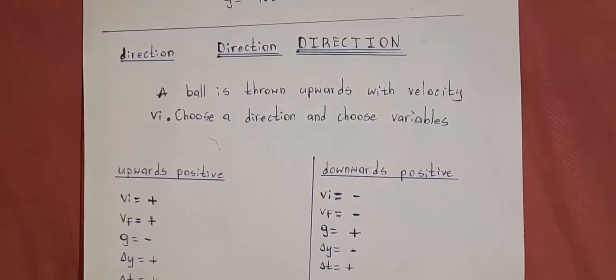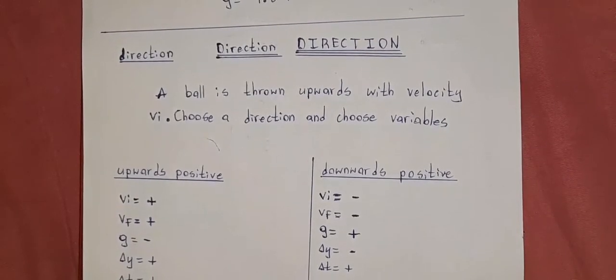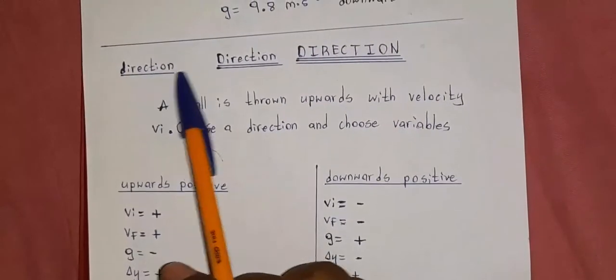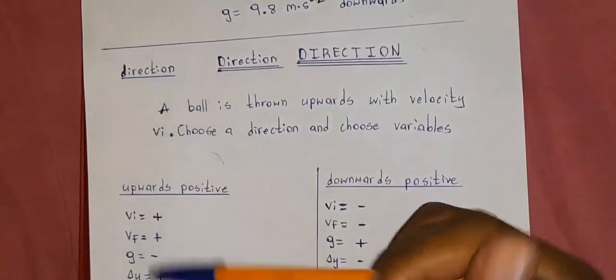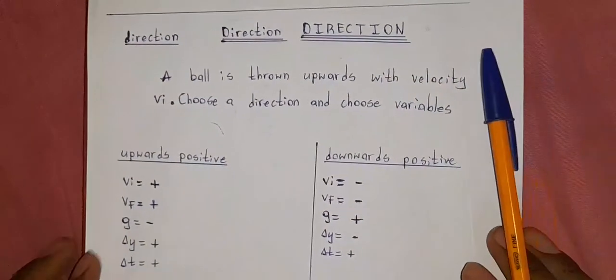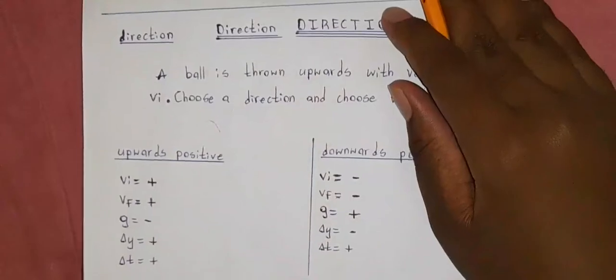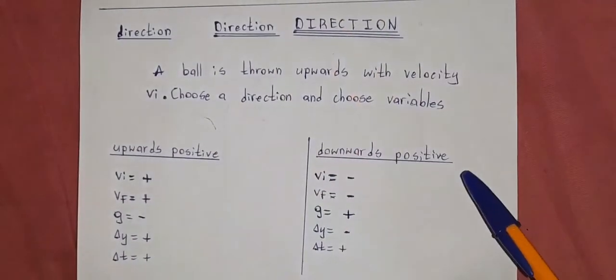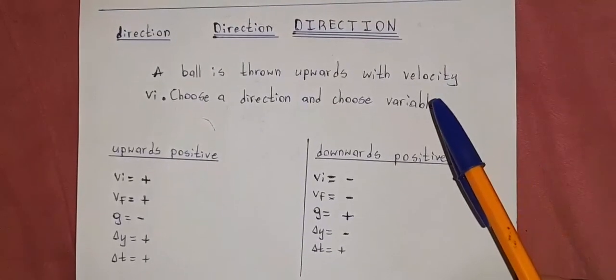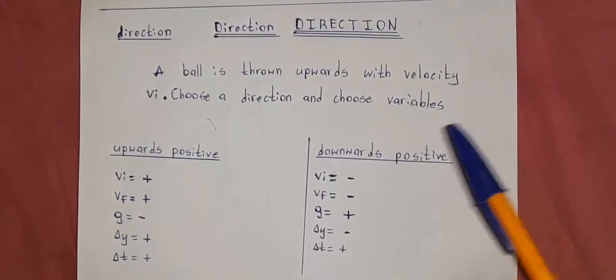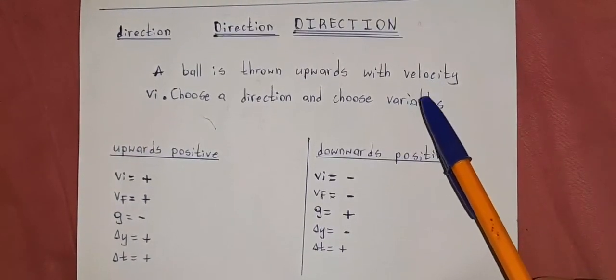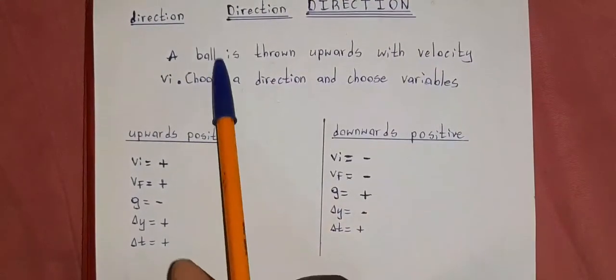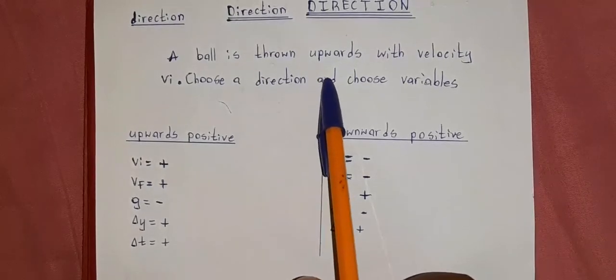The most common mistake that most students make is with direction. You can see how many times I wrote direction here. I want to clarify this here. Direction is very, very important when it comes to this vertical projectile motion. So let's say here we are throwing a ball upwards. We talked about this.